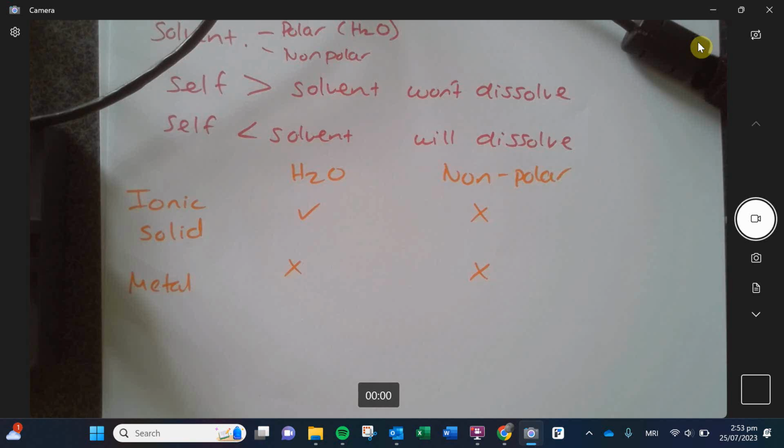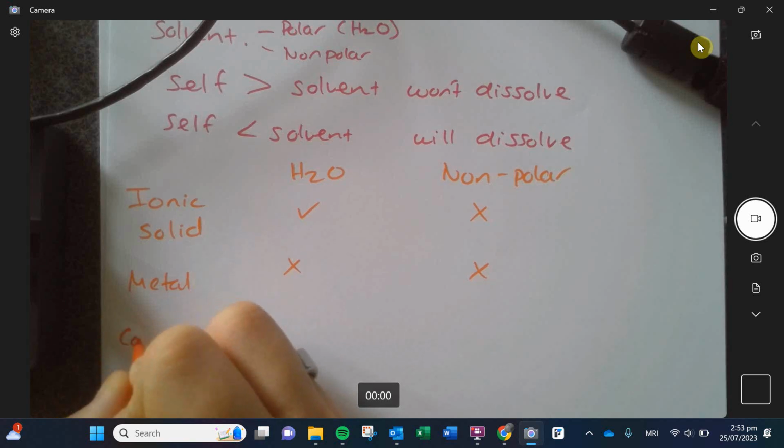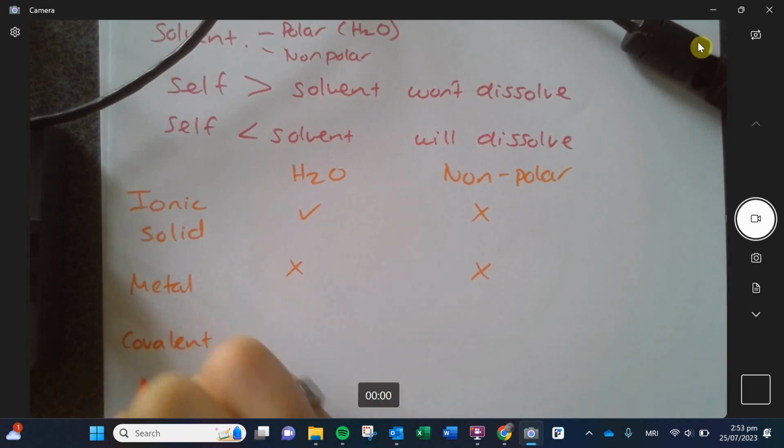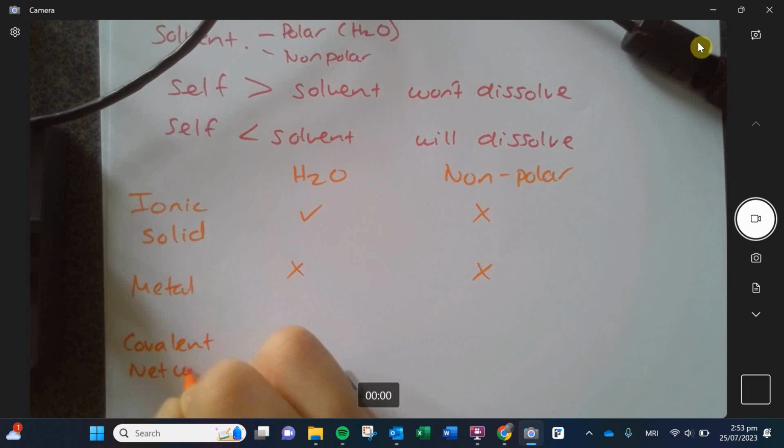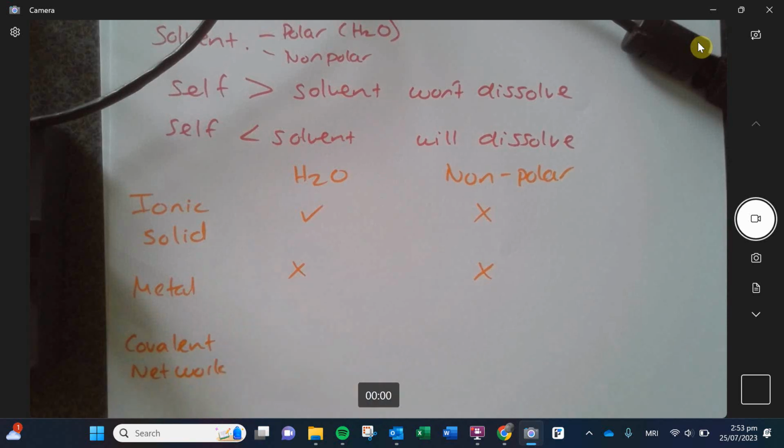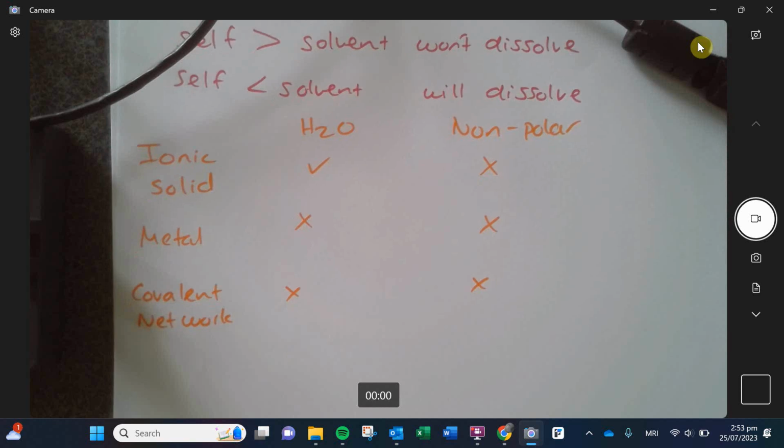What's the other one that we had? Covalent networks. For a covalent network, neither of them will be able to dissolve it. Those covalent bonds are really, really strong. And then lastly, the covalent molecules.